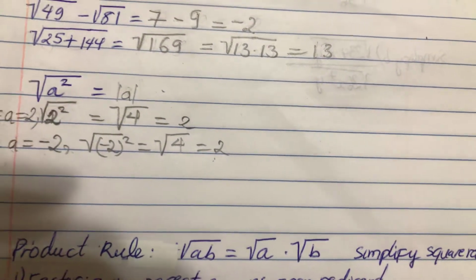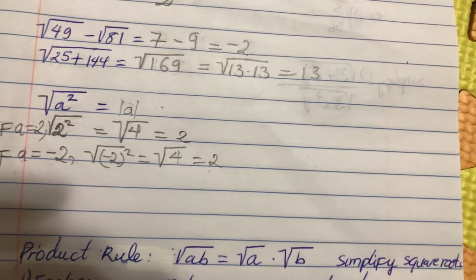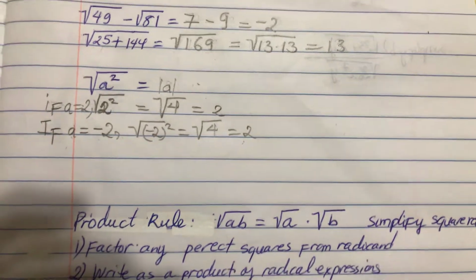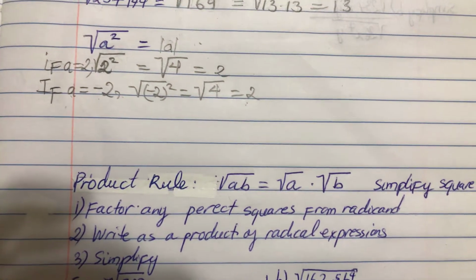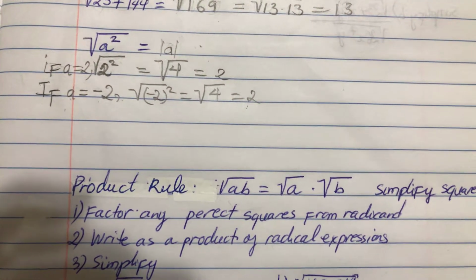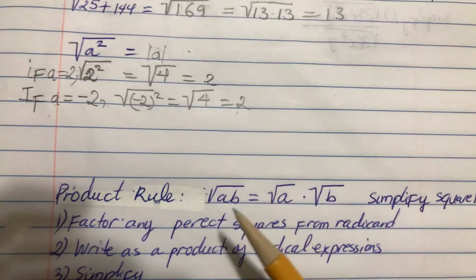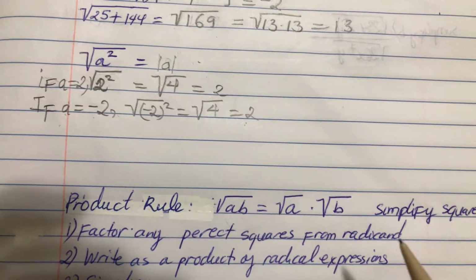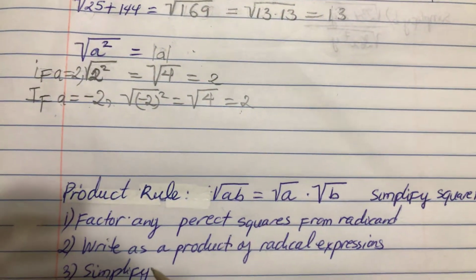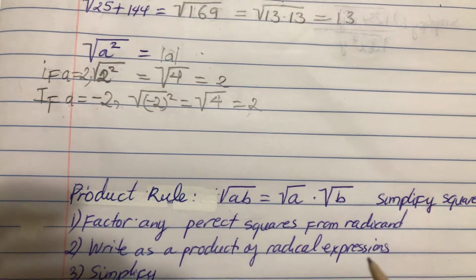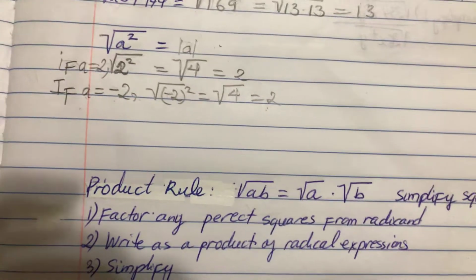If I want to simplify a square root using the product rule, I'm going to have 3 steps. First step is to factor any perfect square from the radical. Then write it as a product of radical expressions, and then simplify it.